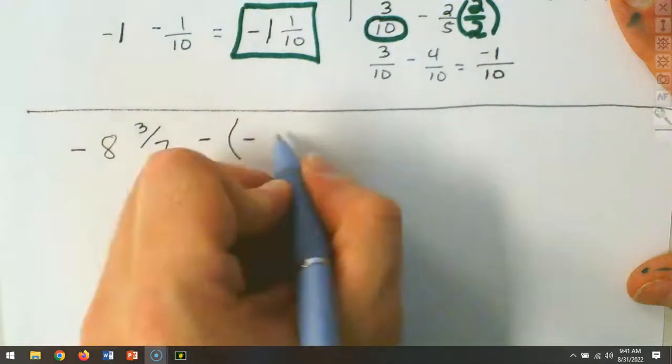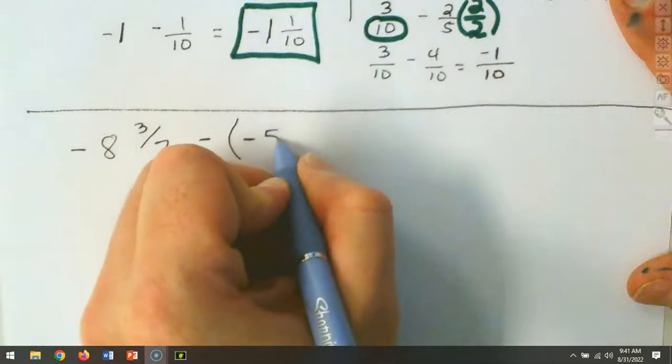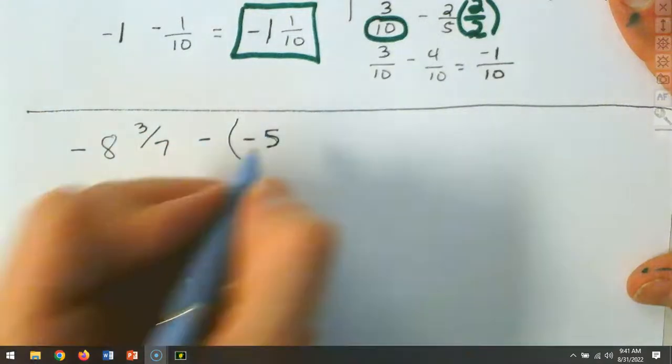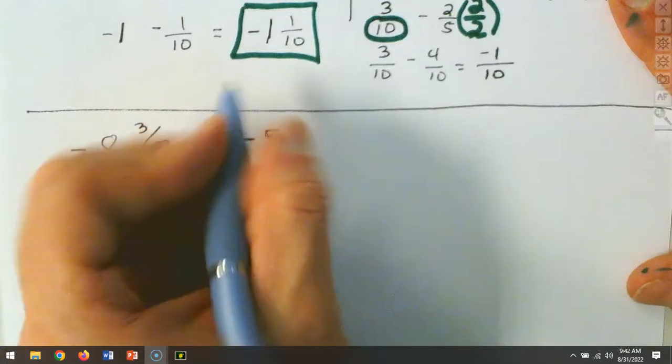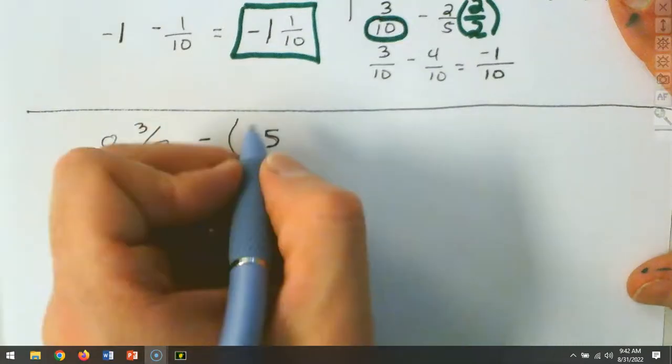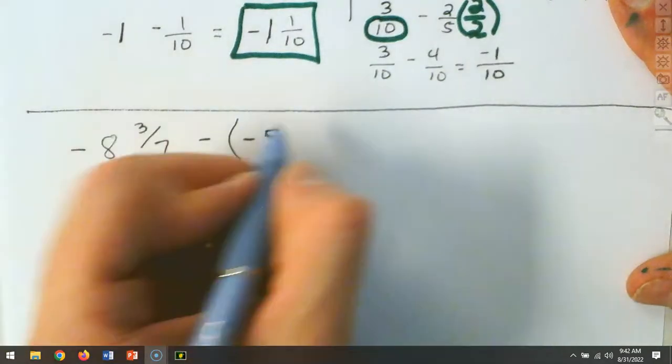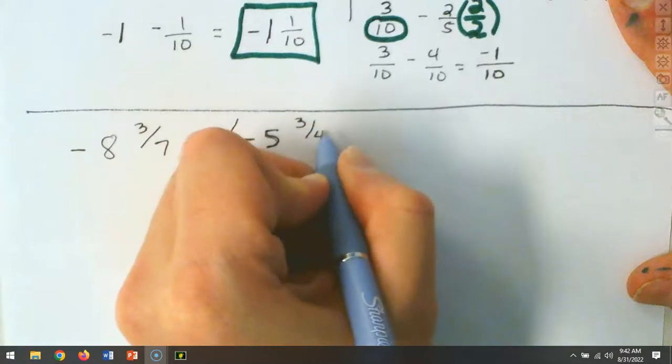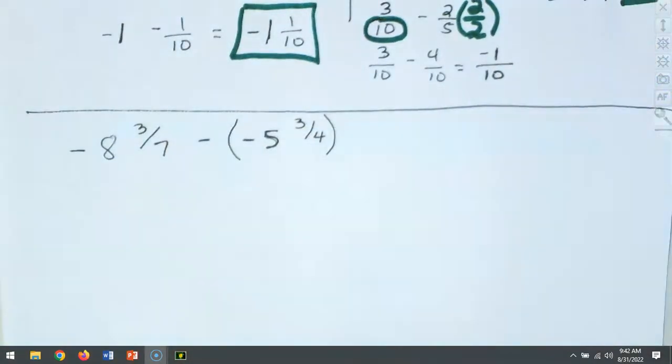Okay, that's going to make that positive 5 and let's say 3/4 here. Because this one's going to make us borrow. This is going to introduce a new concept.